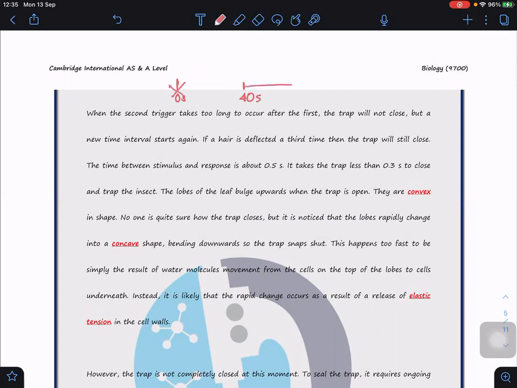From the second touch to the third, if the third touch is, for example, at 65 seconds, the duration is less than 20 to 35 seconds, right? So this will cause the closure of the trap. So if a hair is deflected a third time, the trap will still close.